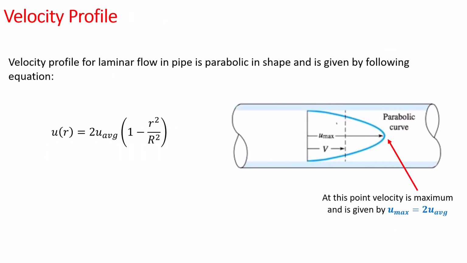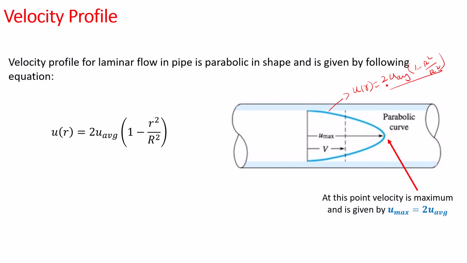The velocity profile that we discussed earlier has a parabolic shape, and its equation is like this: u(r) equals 2 U average times (1 minus r squared upon R squared).